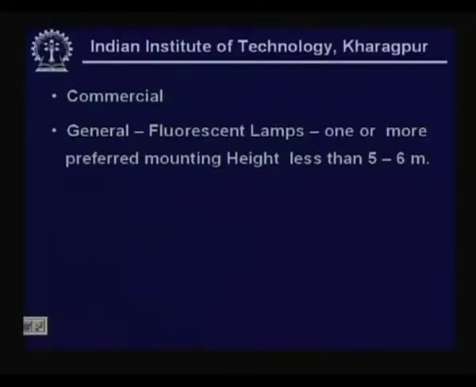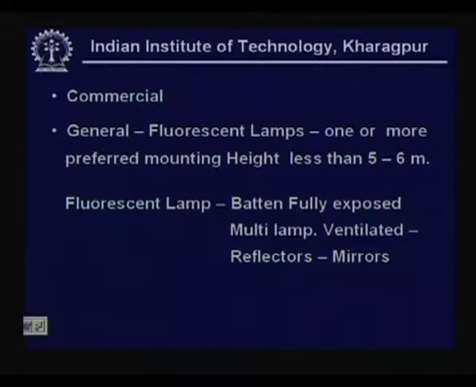Fluorescent lamps could be one or more, and typically they are mounted at a height of 5 to 6 meters. These fluorescent lamps, as all of us are familiar with in our residences and hostels, come as a fully exposed batten. They are simply mounted on a batten with the two lamp holders, the end holders, whereas it could be an enclosed multi-lamp kind which is called ventilated with reflectors.